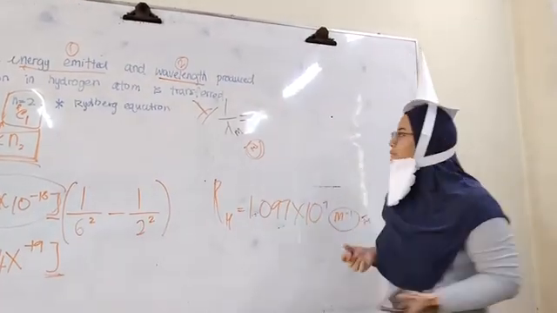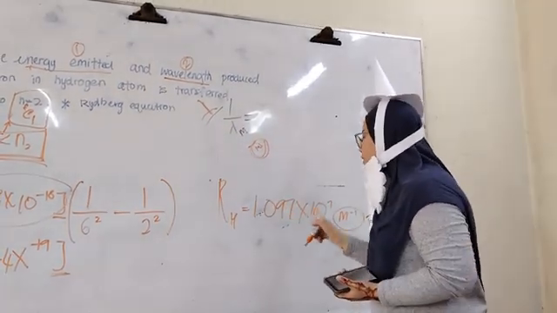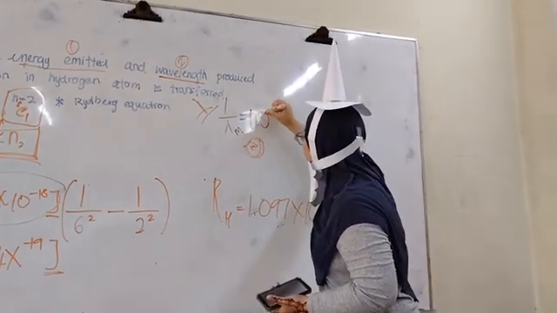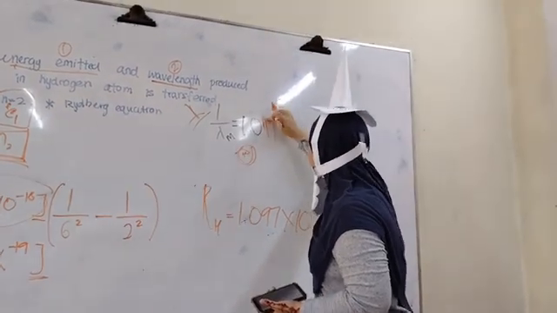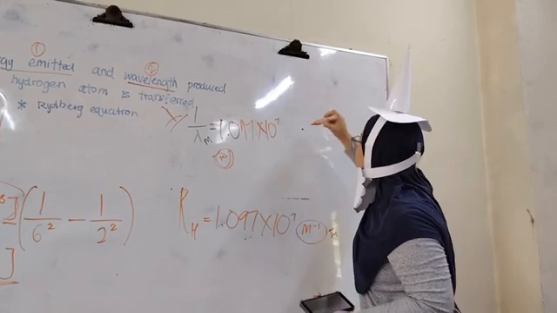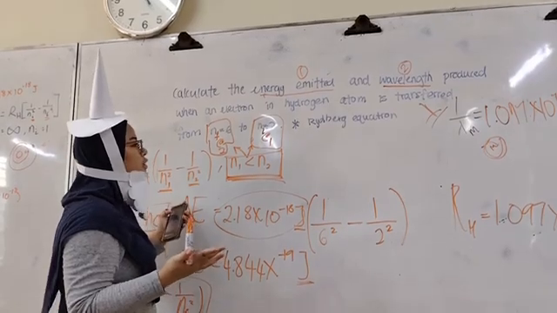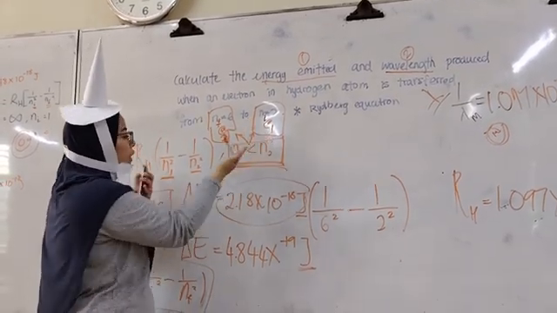Let's continue. So now 1 over lambda will equal the Rydberg constant, 1.0977 times 10 to the power of 7, in brackets 1 over, you can see here which one is our n1 or n2.